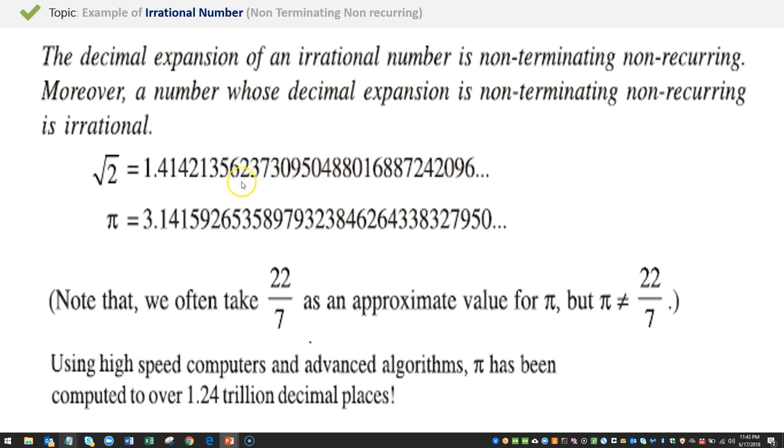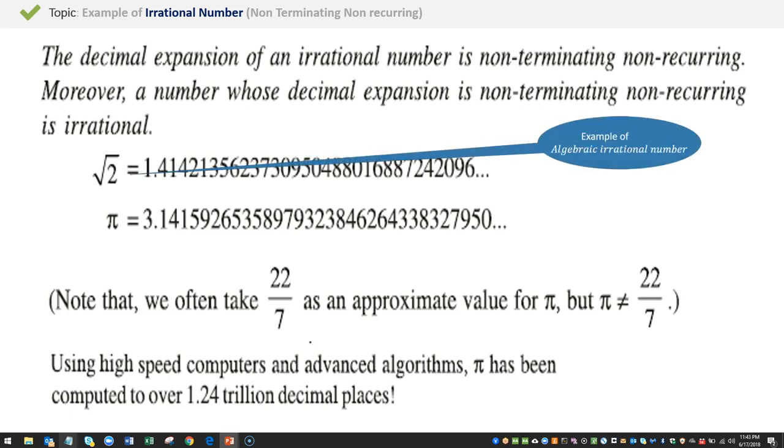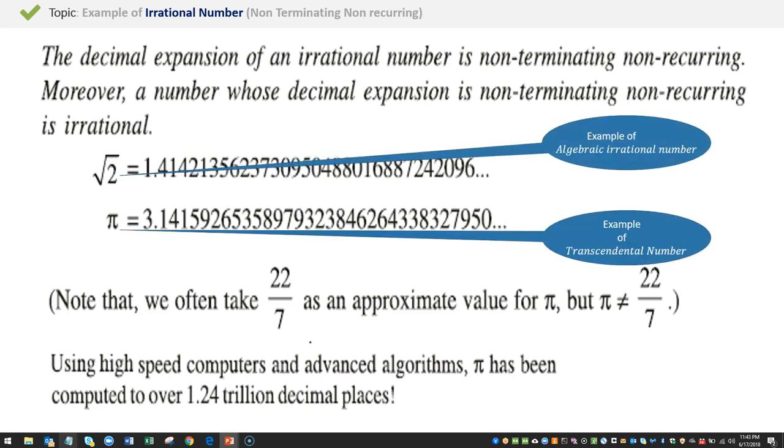It is never ending, it is not repeating. Similarly, the value of pi is 3.1415926535897 and so on. So these are some examples of irrational numbers.